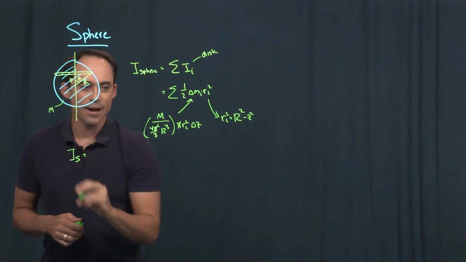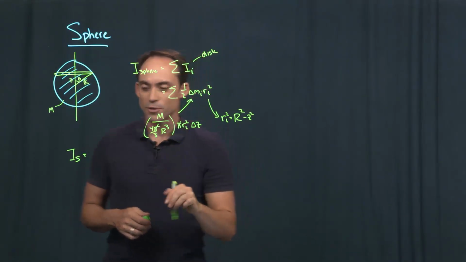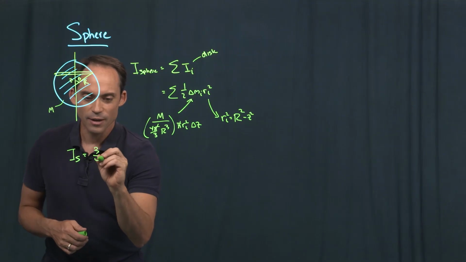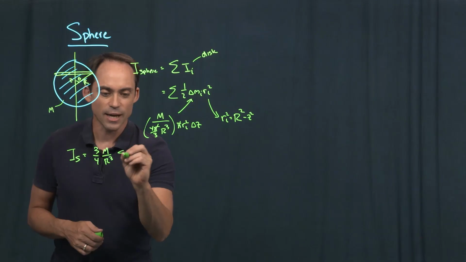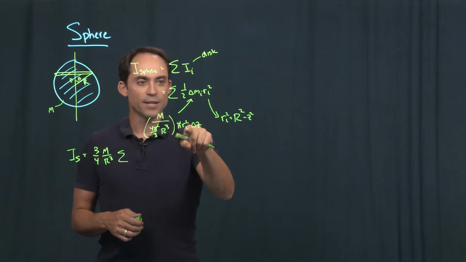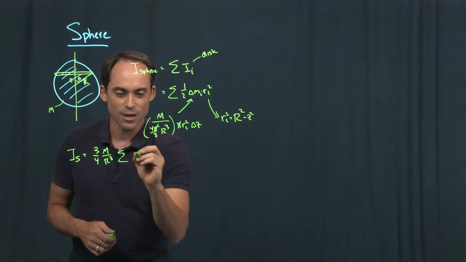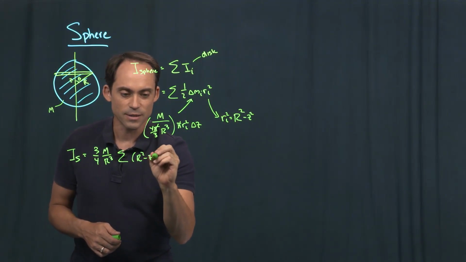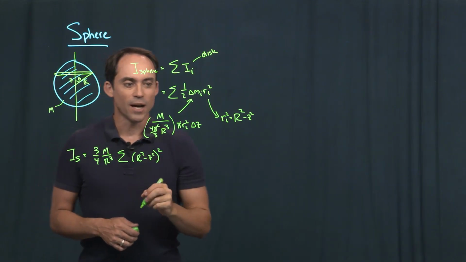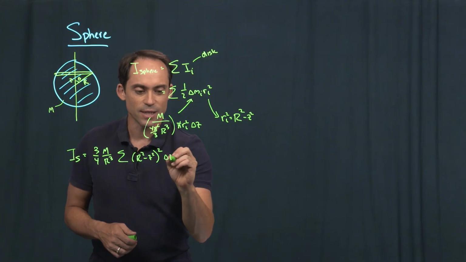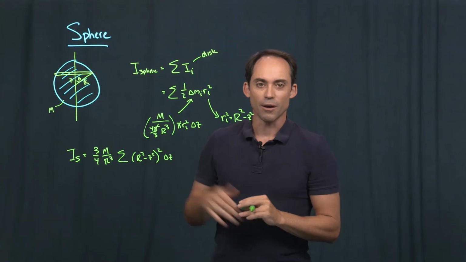I'm going to carry out the constant values, which includes the 3/4, because that's 4/3 inverted, times mass over r cubed. And now inside our sum, we've got r_i squared squared, so that's the fourth power, and we've already written it down as r squared minus z squared, so that is that quantity squared, and then times our delta z, which is our step as we're going through the sphere from one end to the other.